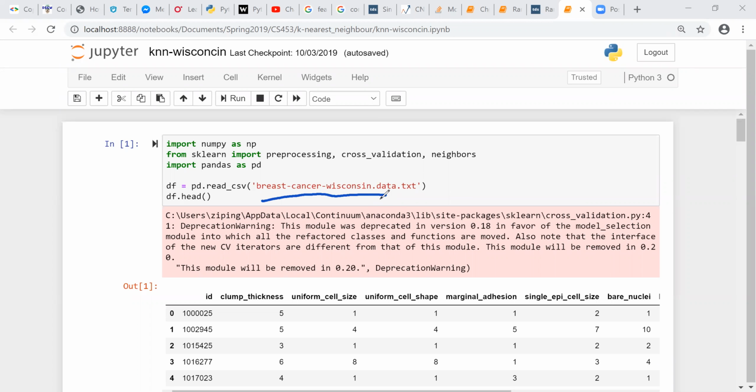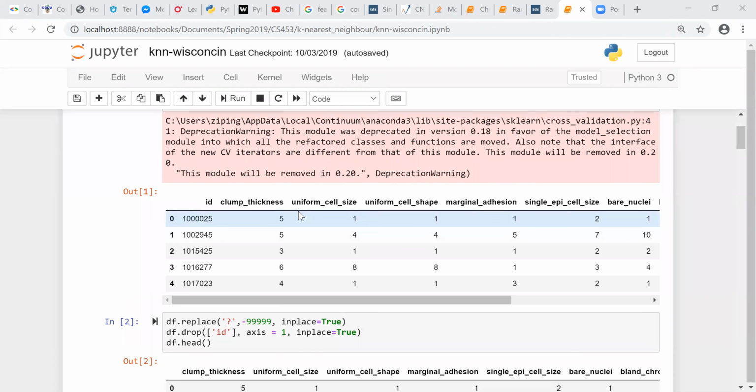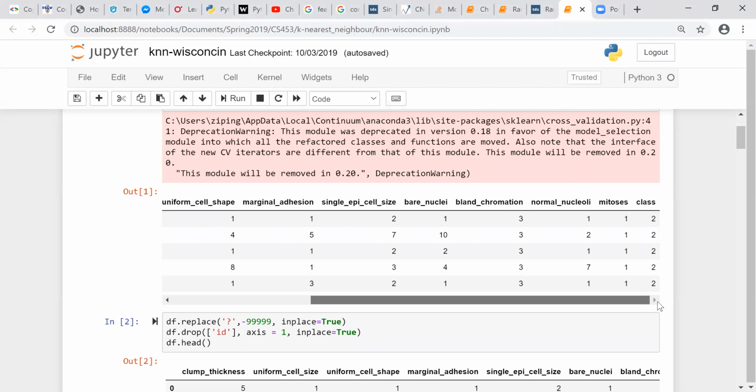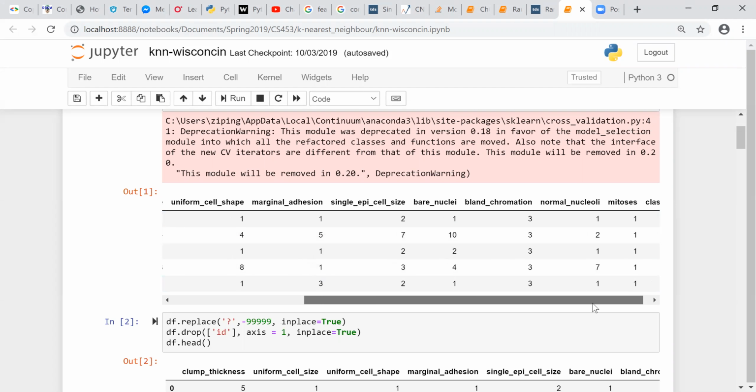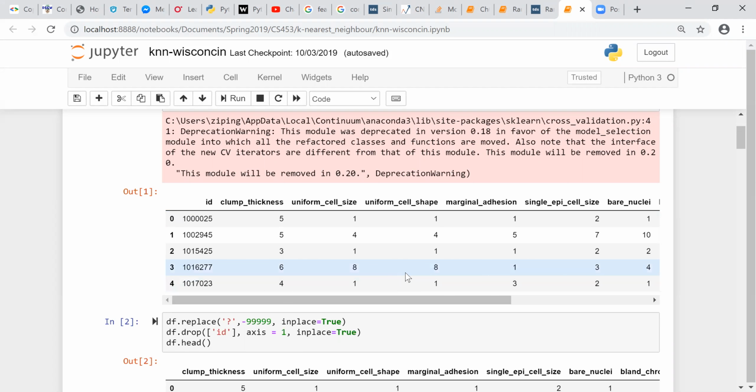Over here we load the data and then take a glimpse of the data. It has some ID, and then the features. It has quite a number of features. And then it does the classification, whether it is or not.